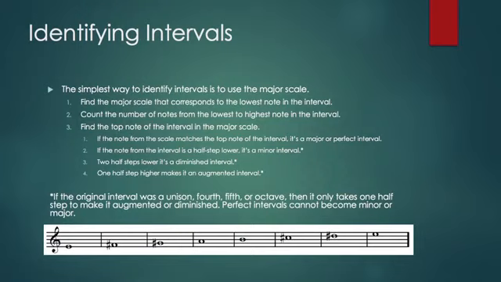So using the major scale, you can figure out what the interval is based on its relationship to the notes that exist in the major scale. But remember, the bottom note has to be the tonic of the scale. And then you have to find the top note within that scale and see if it matches the major scale.